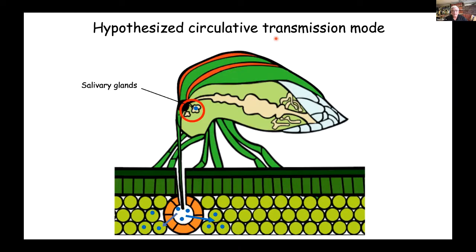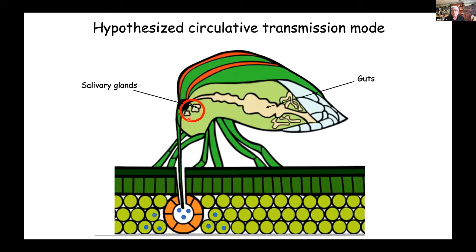So what is critical, again, once you expose an insect vector to an infected vine, if you want to study the transmission, is to make sure that we work with virus present in the salivary gland, not in the gut. Because if the virus is in the gut, it cannot be transmitted and start a new infection on a healthy plant.